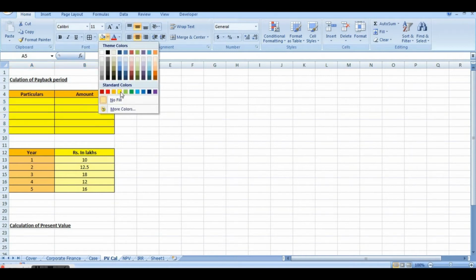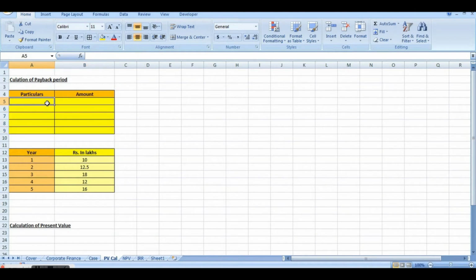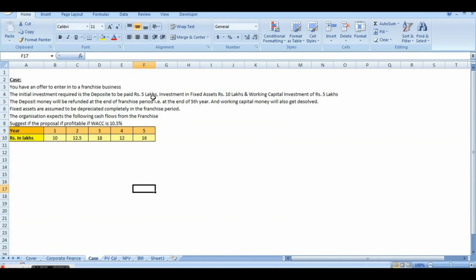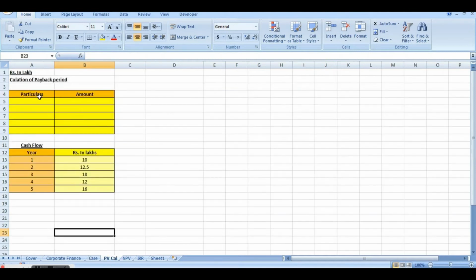Let us fill in the data into this table now. Now, if we read the case again, the outflows are related to first of all the deposit to be made is rupees 15 lakh. Sorry, 5 lakhs, not 15 lakhs. The other outflow is investment in fixed assets 10 lakh and working capital 5 lakh. So let us make a table of it.